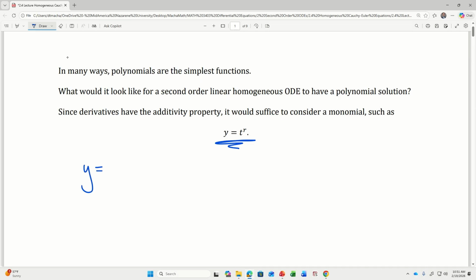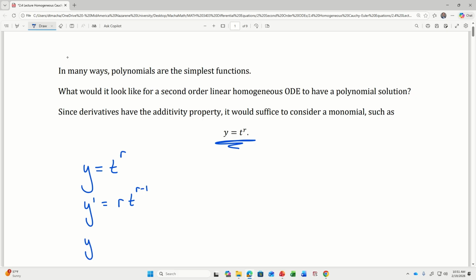And if I've got y equals t to the power r, I would have y prime equals r times t to the power r minus 1.